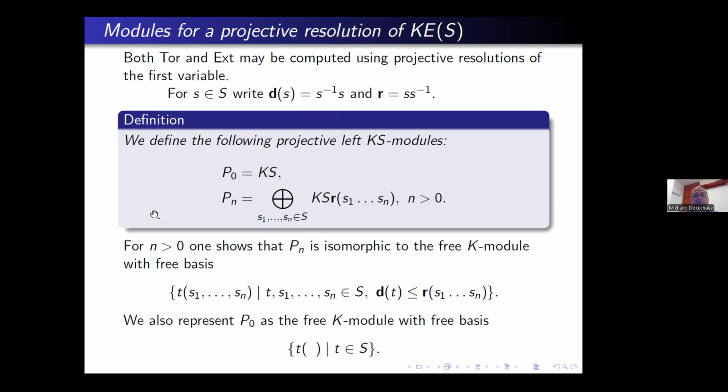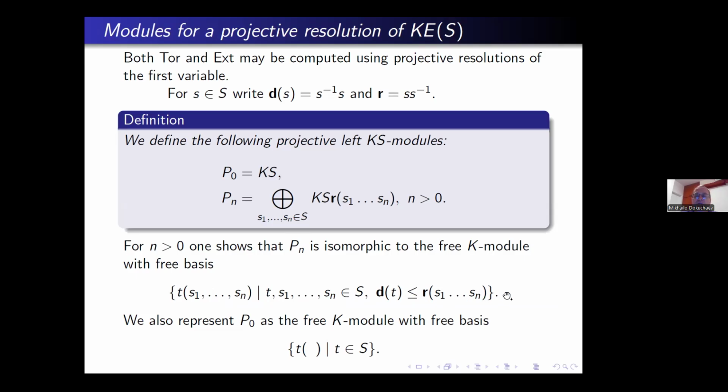And we would like to have a convenient notation in order to have formulas which would work like the bar resolution for groups, right? So the notation is the following. We can show that Pn is isomorphic to the following free K module, whose basis is formed by these elements: T and between brackets S1, so on Sn, but the domain of T should be below the range of this product.